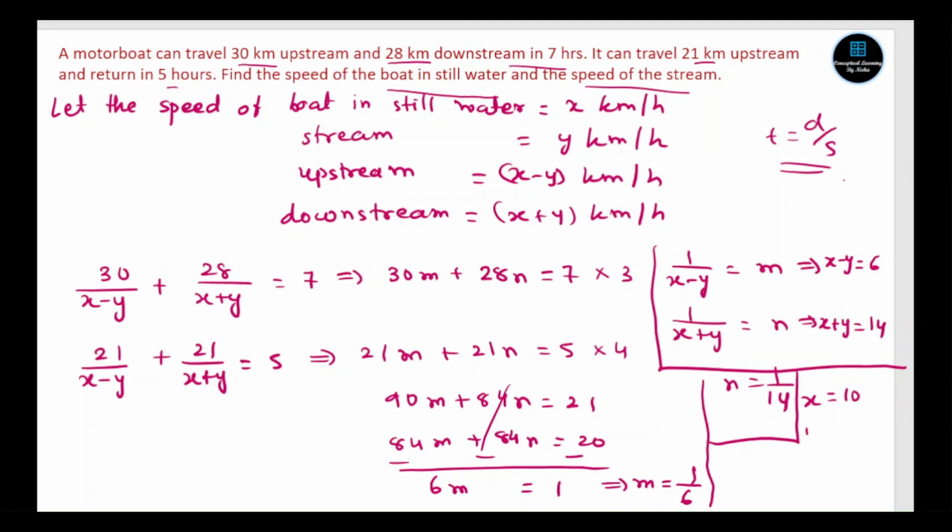So 10 and y equals 4, right? So we got these two answers. So the boat speed is 10 kilometer per hour, and the stream speed is 4 kilometer per hour, right? See, the question looks very complicated, but we solved that in a very easy manner, right?